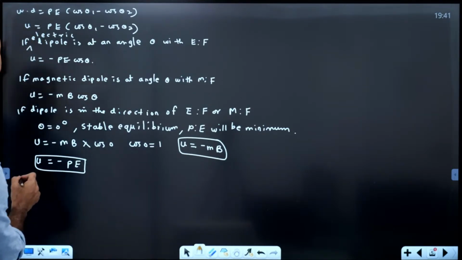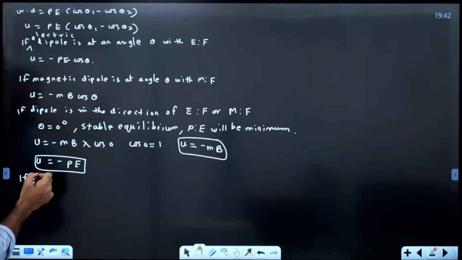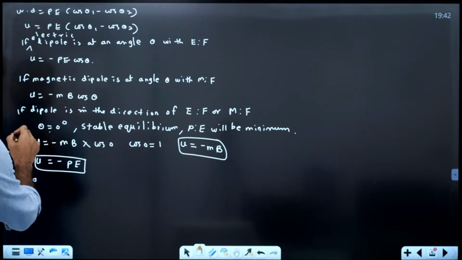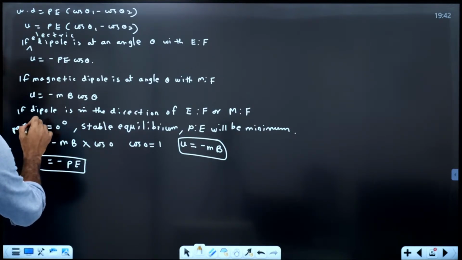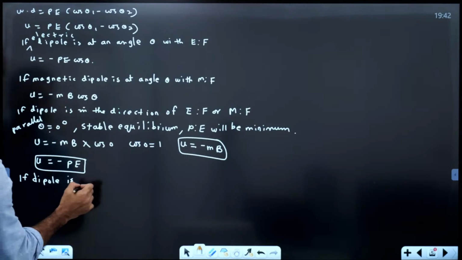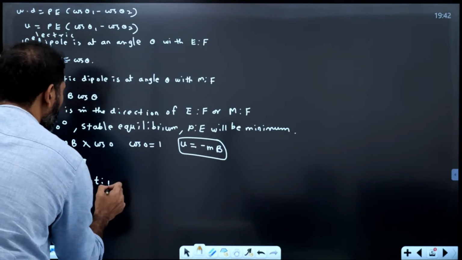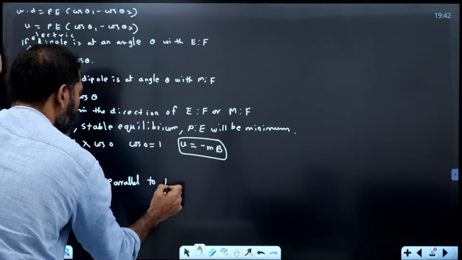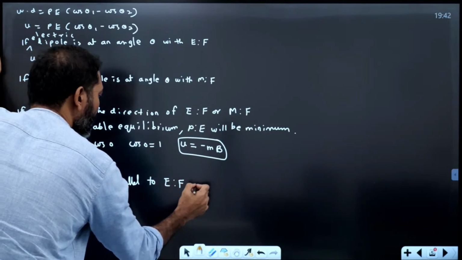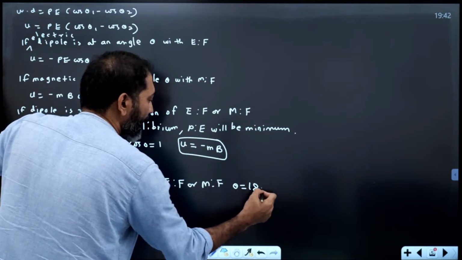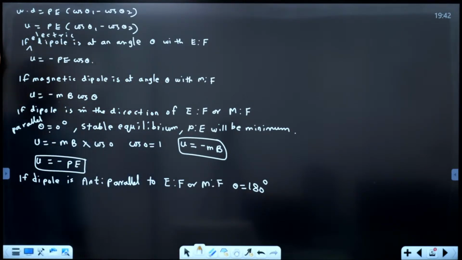Theta 0 means the dipole is parallel to the electric field. If the dipole is anti-parallel to the electric field or magnetic field, theta will be 180 degrees. That is anti-parallel.